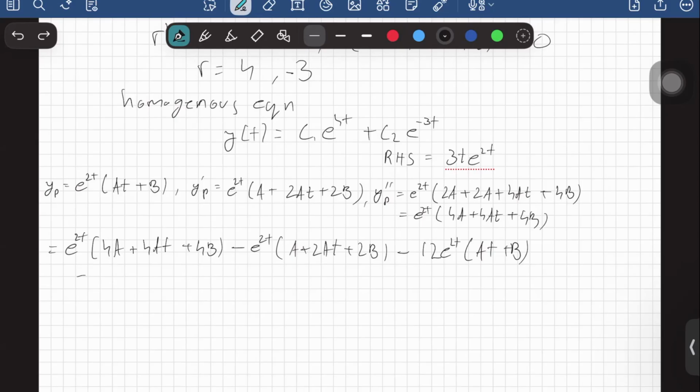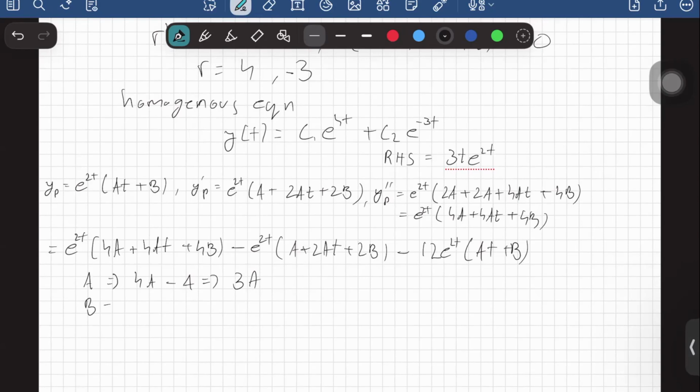So if I'm just looking at terms including just the variable a, what we end up getting in this case is 4a minus a, and our a term is 3a.